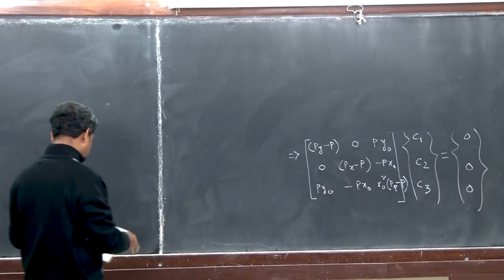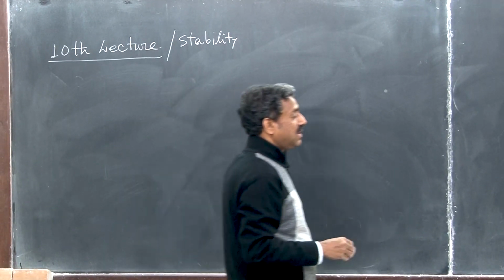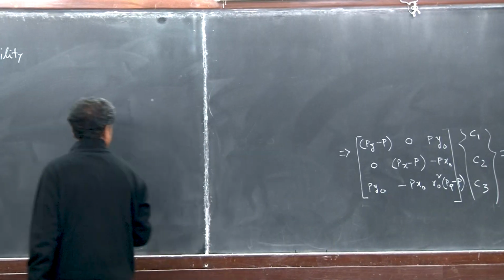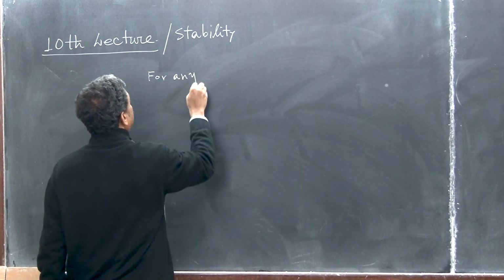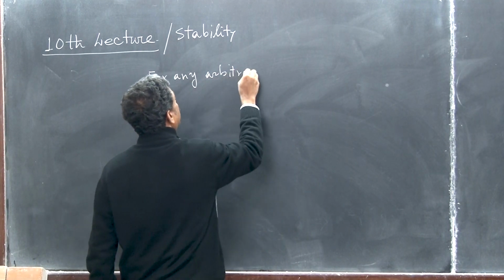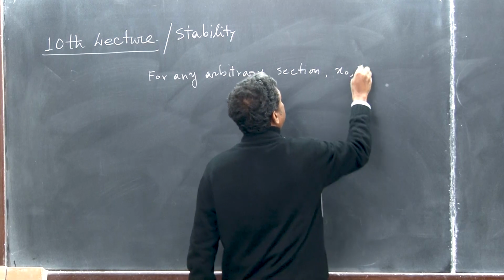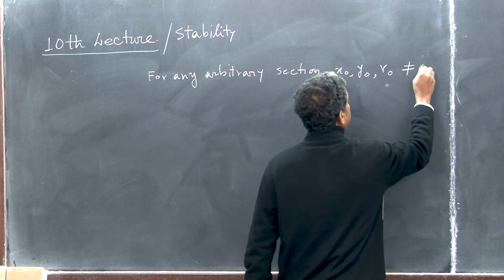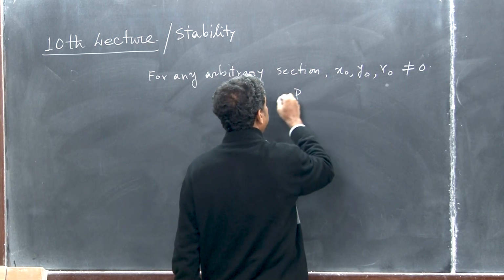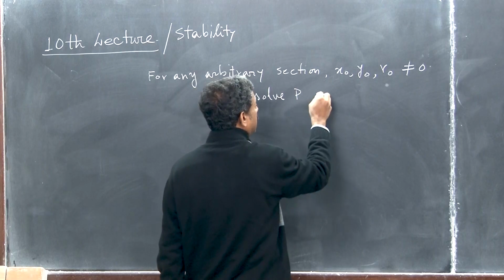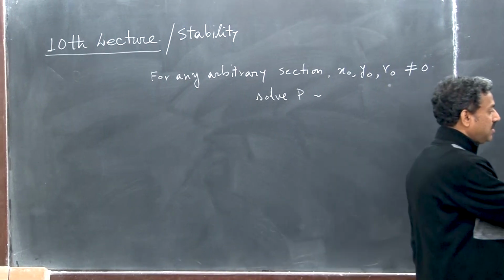Now what we will say, if we are going to see for any general case, for any arbitrary cross section, where x0, y0, r0 are non-zero, right, then we can get the critical load P. We can solve for P, and then that P can be expressed in terms of Px, Py and Pz.